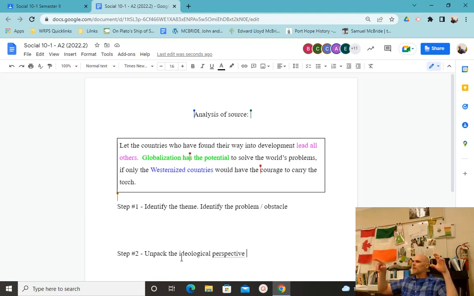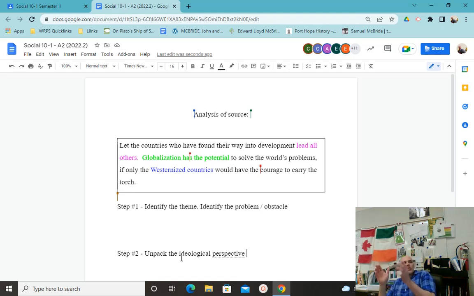Yes? Yeah, so when the source says globalization has potential, that's the perspective that, although it's pro-globalization, it's not a guaranteed solution. Again, there's an obstacle in the way, and that's the lack of leadership from the West.